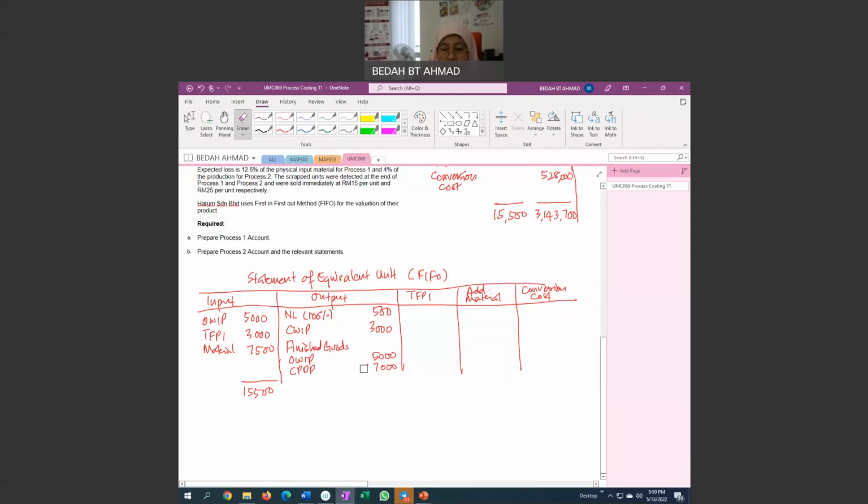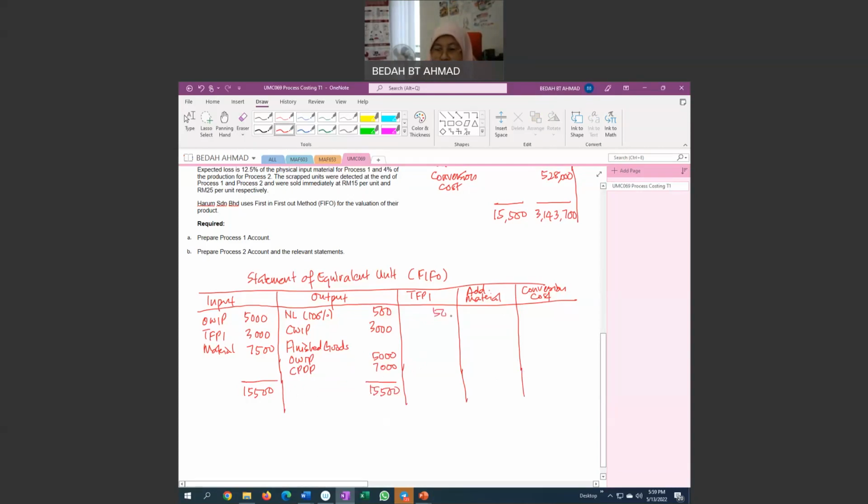Because our finished goods is 12,000. So altogether here is 15,500. Right, so for all processes, normal loss is considered as 100%.